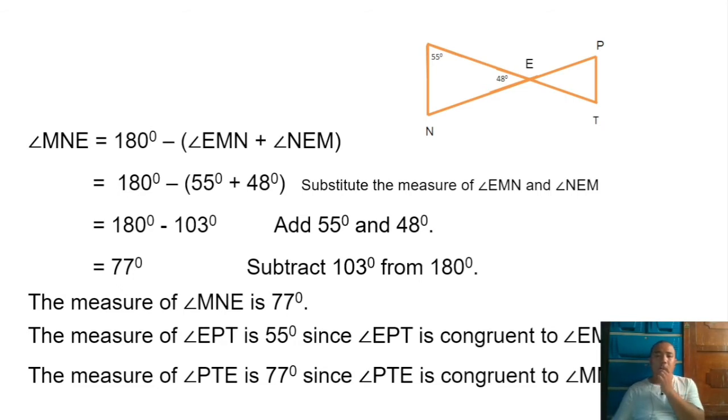So the measure of angle EPT is 55, since it's congruent to angle EMN, and the measure of angle PTE is 77 degrees, since angle PTE is congruent to angle MNE. And if you try to separate the two triangles, you can check their corresponding angles, so that you'll be able to know which angles are congruent.